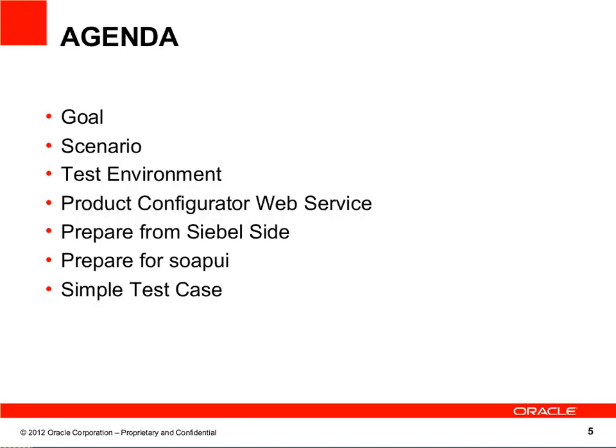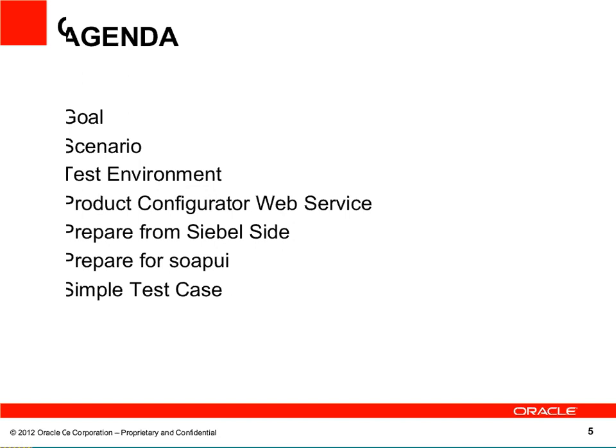What will we do today? I want first to present you the goals of this web session. After that, I will demonstrate what we are working with. I will show you the test environment, how it looks like, and the components we use.